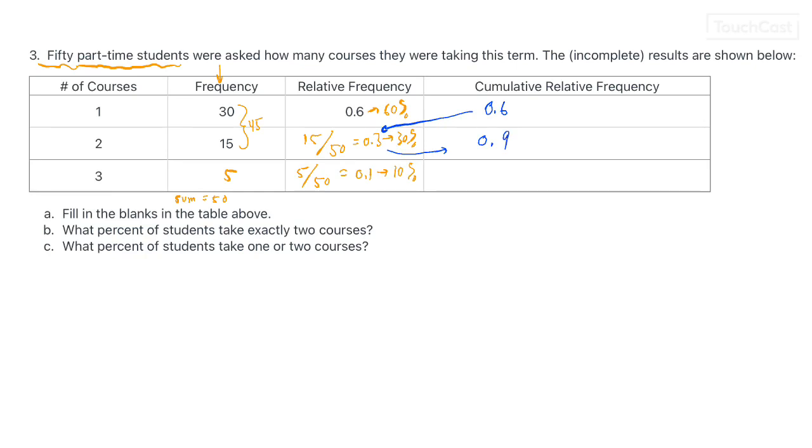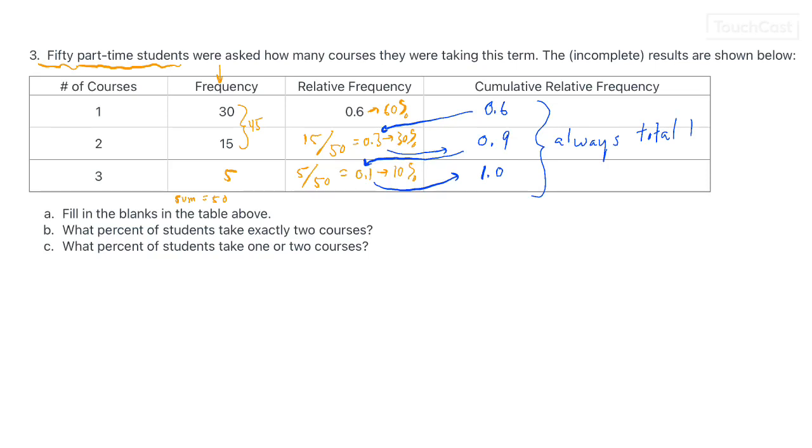And then we take the 0.9 and add this 0.1 and we get 1.0, which these should always total. The cumulative frequency should always total 1, or 100%. And that's it.